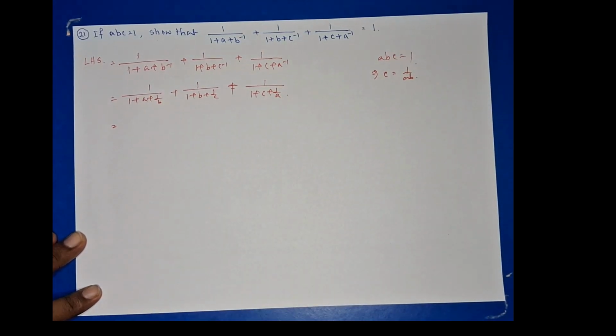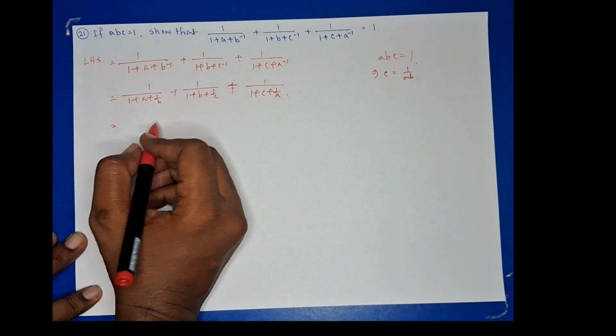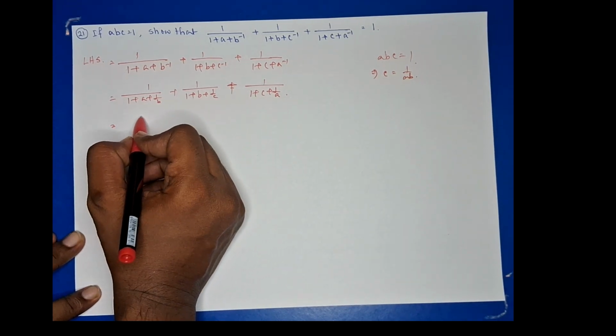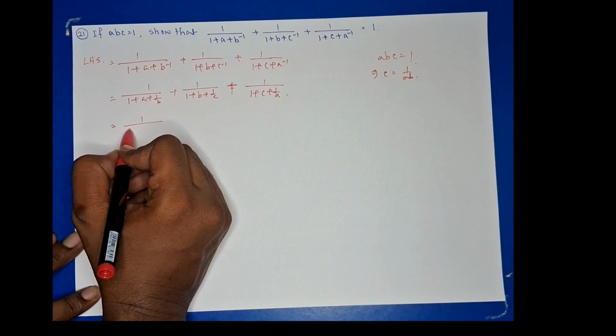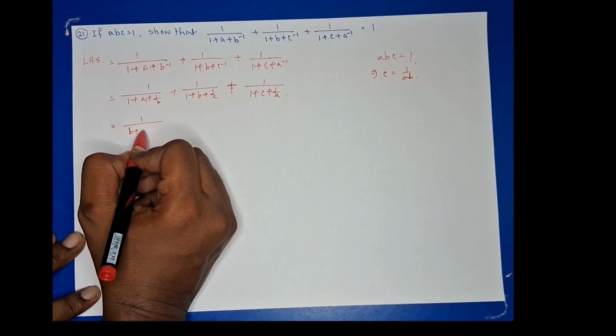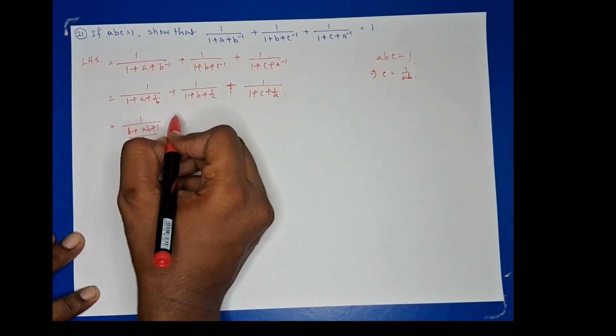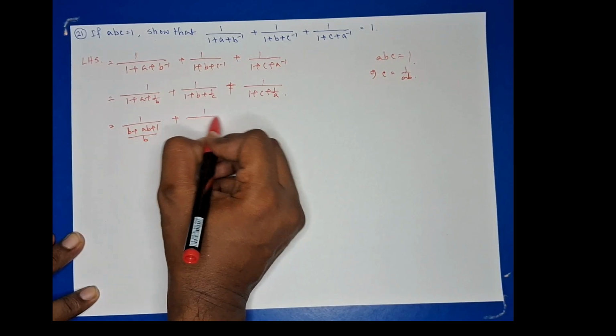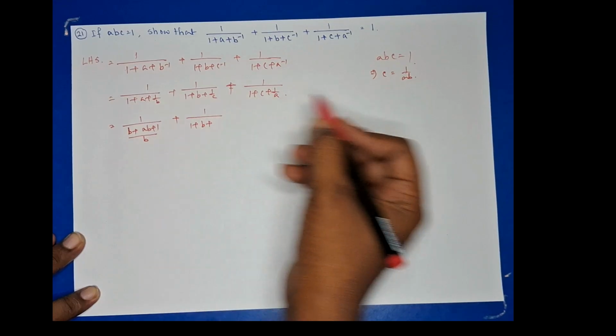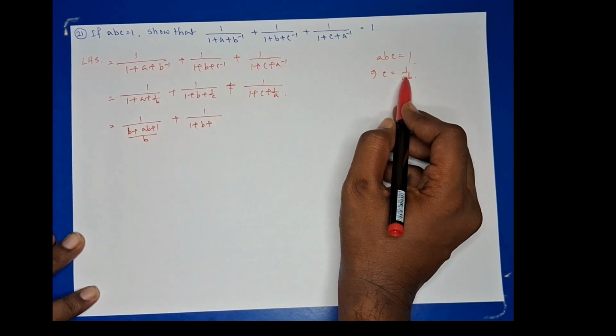Okay, and let's see what it shows. So this is 1, this is b plus ab plus 1 by b plus 1 by 1 plus b plus this c is equal to 1 by ab.